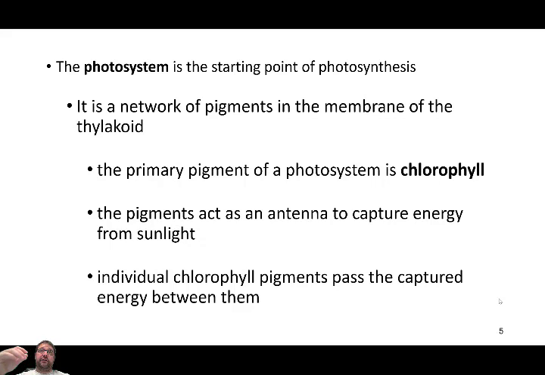When that chlorophyll molecule or accessory pigment captures a photon, the energy from that photon causes what we call resonant energy, and that energy moves from one pigment to the next. It builds up energy, and eventually it has enough energy that when it makes it to what we call the reaction center, it can excite an electron. It can get the electron to move from the reaction center to an electron carrier.